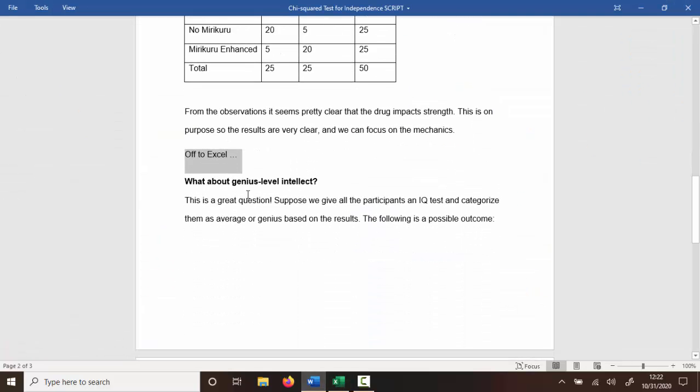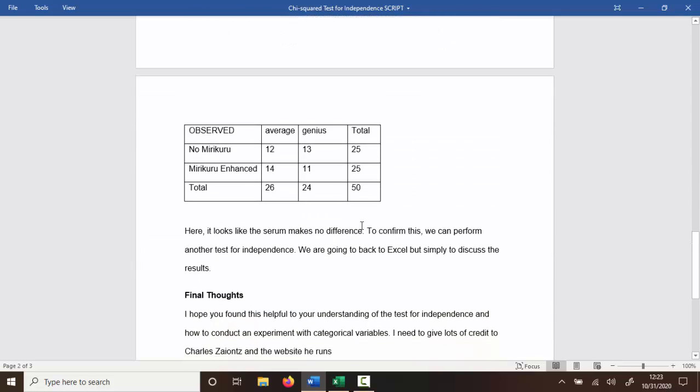Now, what about genius level intellect? We were focusing on strength, but this is a great question. Suppose we give all the participants an IQ test and categorize them as average or genius level based on the results. The following is a possible outcome, right?